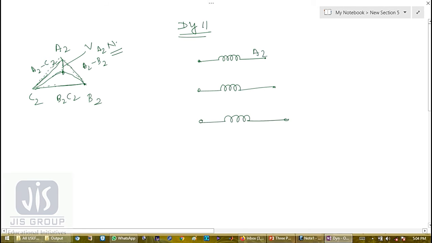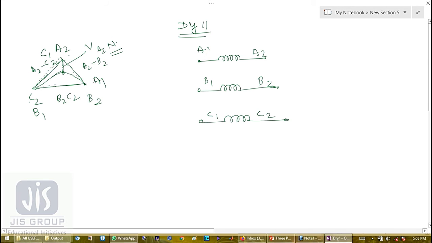So A2, B2, C2 is the bottom terminal. This is A1, B1, C1. So this is A2, so this is A1. Okay, so this is B2, so this is B1. This is C2, this is C1.